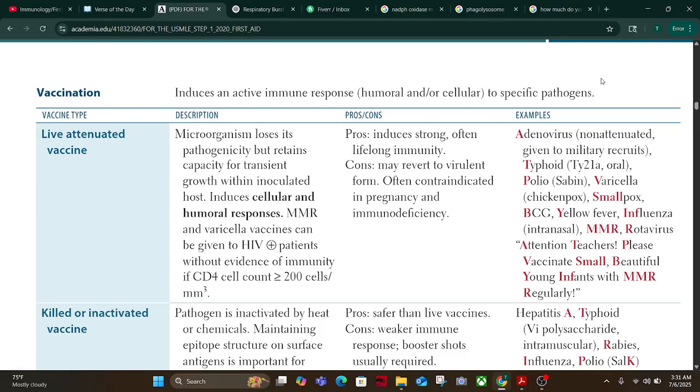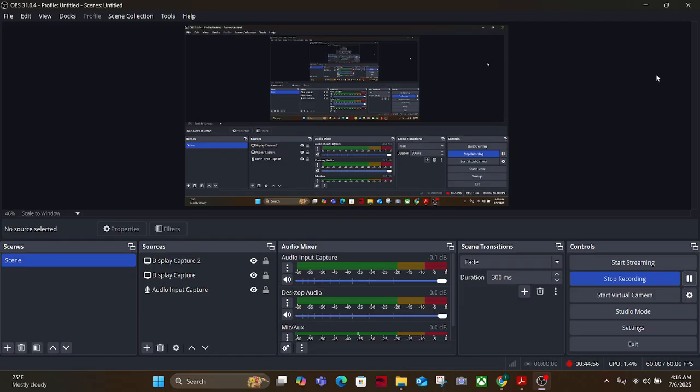So, influenza is a live attenuated intranasal spray given to healthy, non-pregnant patients ages 2 to 49 years of age. Okay, that's fine. Got it.